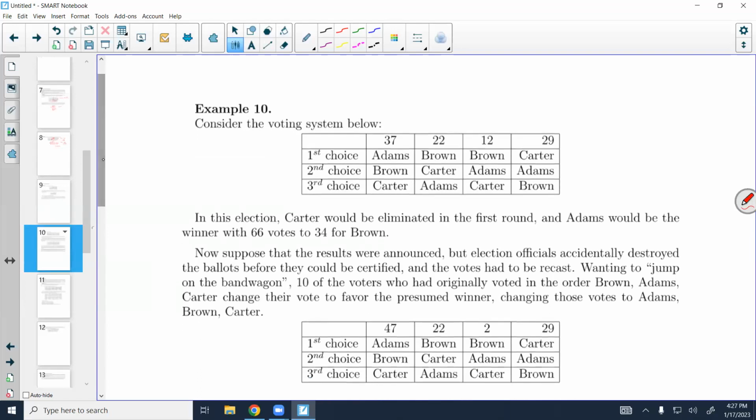So let's look at this voting system here. We have Adams, Brown, and Carter. In this election, Carter would be eliminated in the first round with only 20 first place votes. Adams would be the winner with 66 votes to 34 for Brown.